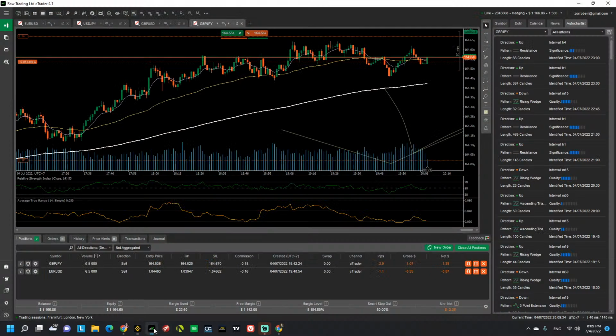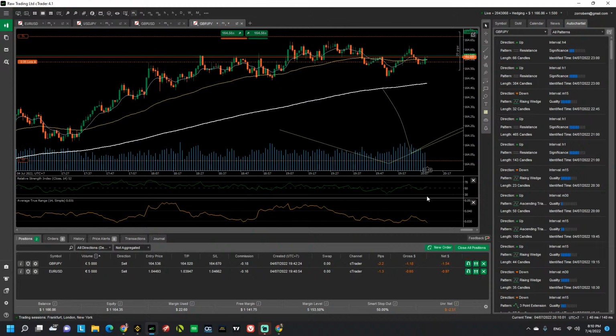Okay, let's go back. Let's see what's happening with. Okay, it now went back up. So now the momentum went back down, so it reversed. There was not enough momentum to push it down, so it exhausted its momentum, and then it went back up.